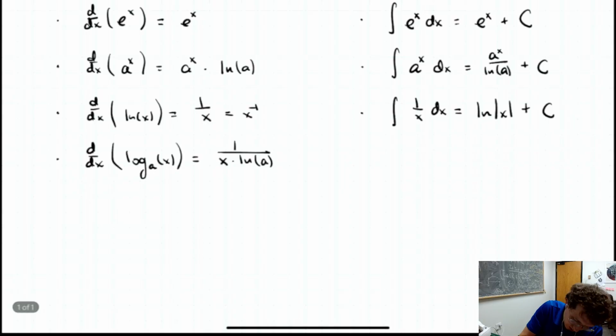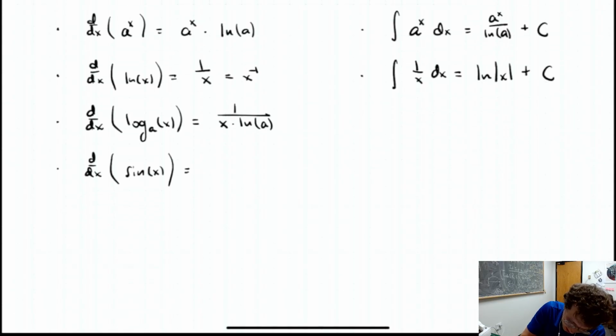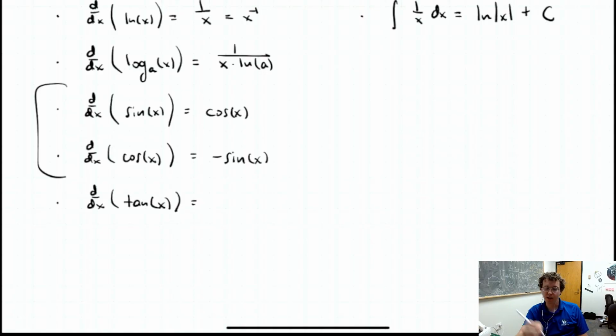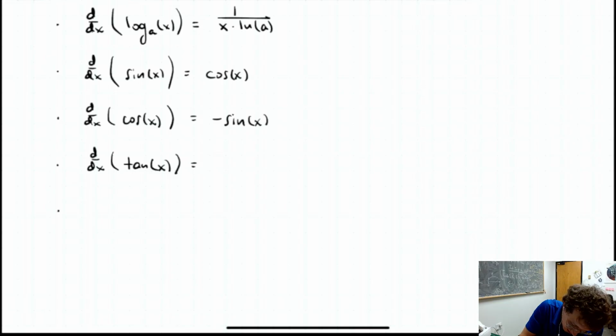Okay, now let's get into trig functions. The derivative of sine of x is cosine of x. The derivative of cosine of x is minus sine of x. The derivative of tangent of x, and the good news is that if you've memorized these two derivatives, you don't necessarily need to memorize the derivatives of the other 4 trig functions.